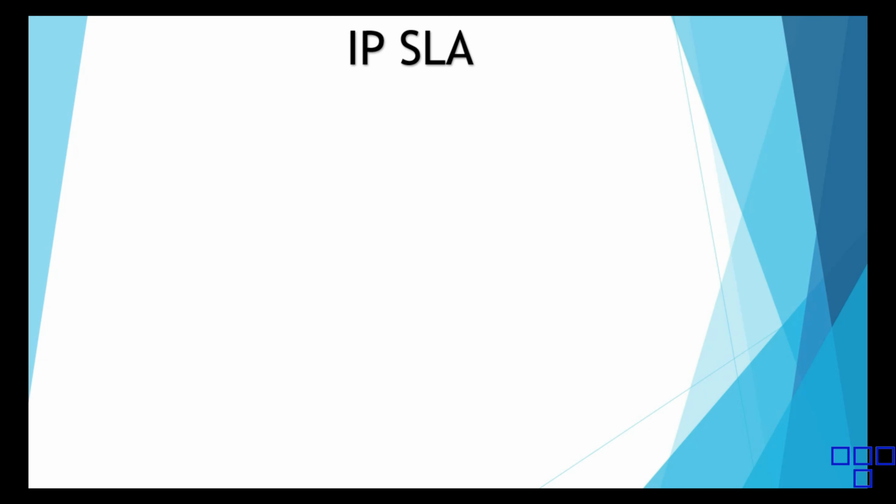IP SLA is a Cisco proprietary technology that is essentially a testing mechanism used to validate service uptime. Now we know SLA stands for Service Level Agreement, which is a contract between a customer and a service provider for a minimum level of performance.